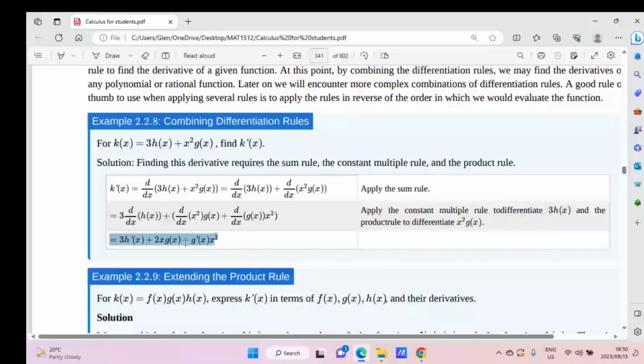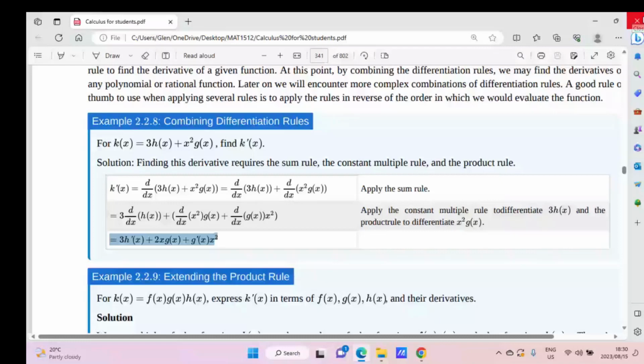I agree with you, Busiso. Lerato, can you tell me which law this is? Yes, I've used the product rule, the extended version.